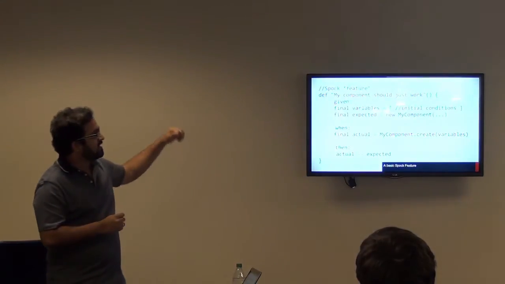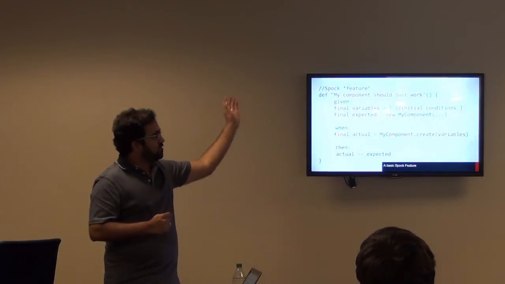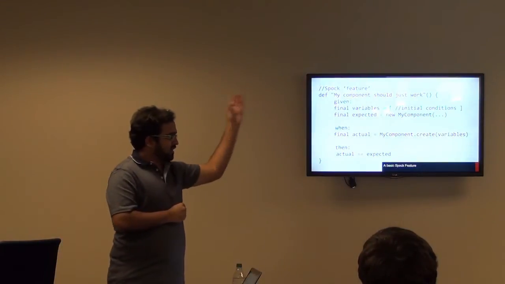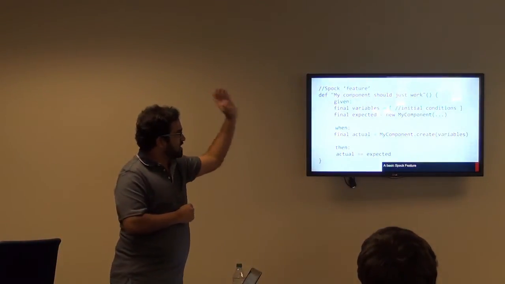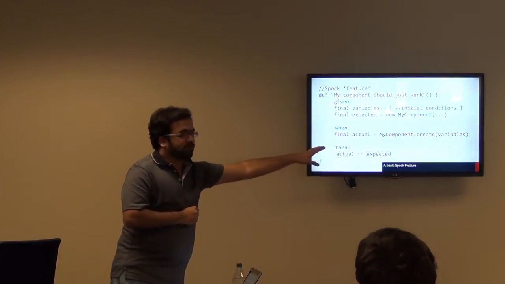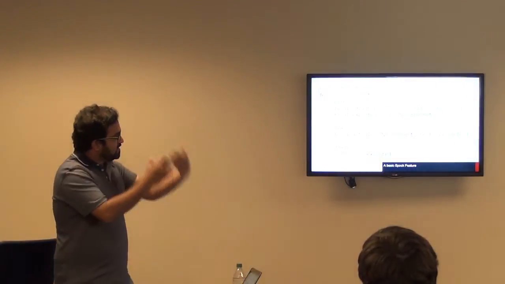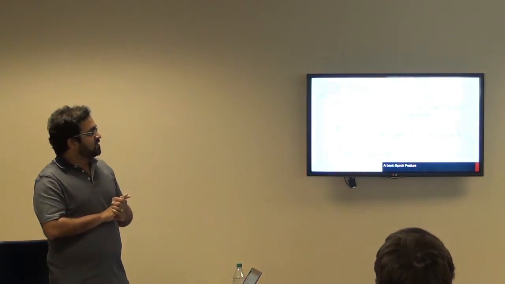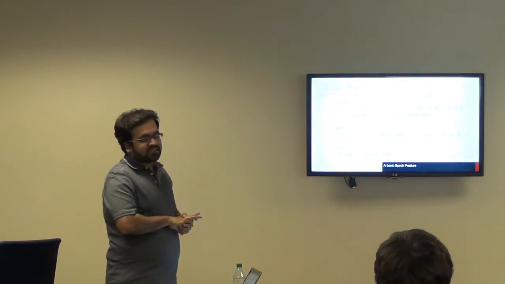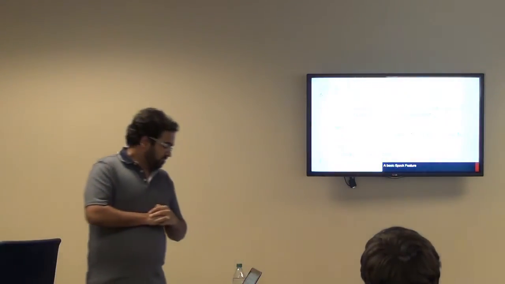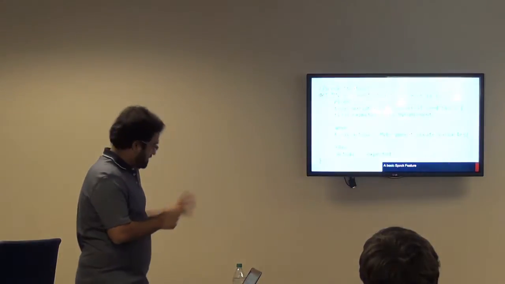So it will basically say that given the variables with some initial conditions, when my component is created with those initial conditions, I want to then see if the actual instantiation is equal to the expected instantiation. It's easy to read. It's not cryptic. You'll understand what it's exactly trying to do, hopefully, if you design good tests.